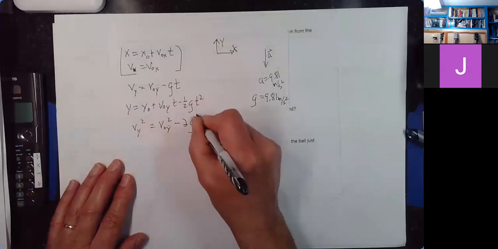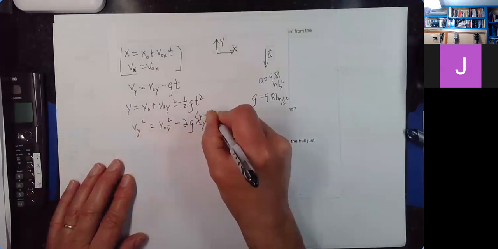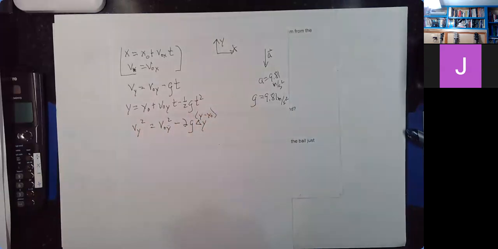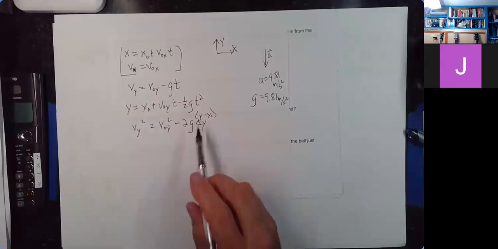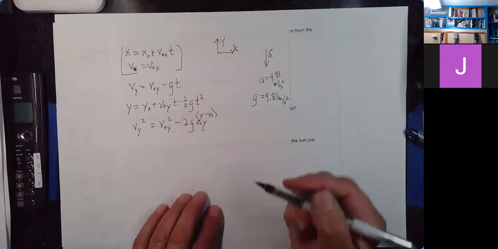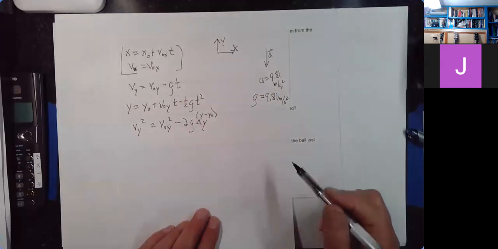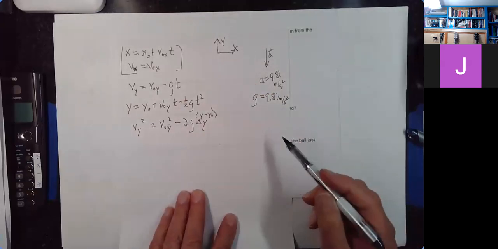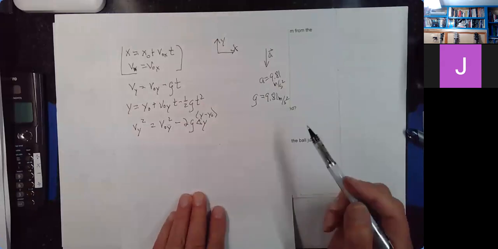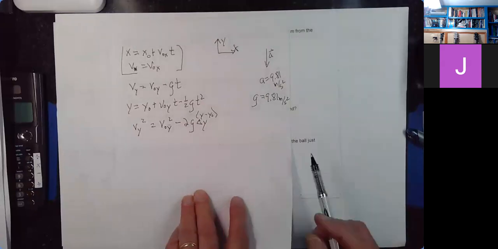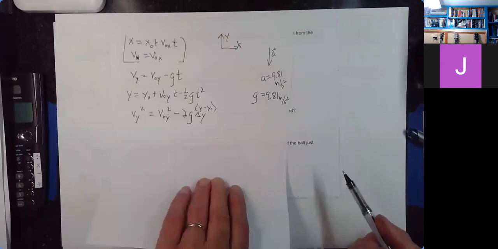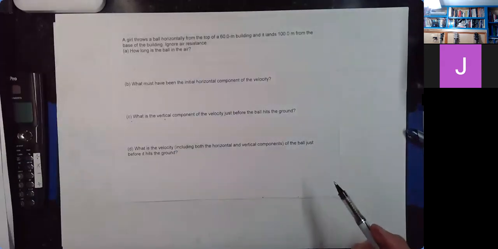Or instead of delta y, it might be y minus y naught in there. Either one, they kind of mean the same thing. So that's just a little review of the projectile motion equations, and those are, I think, as they're written in the book. So if you're studying out of there and reading their examples, they'll be using those.